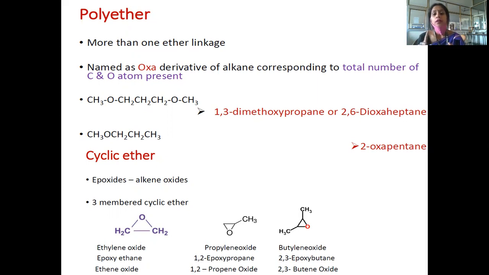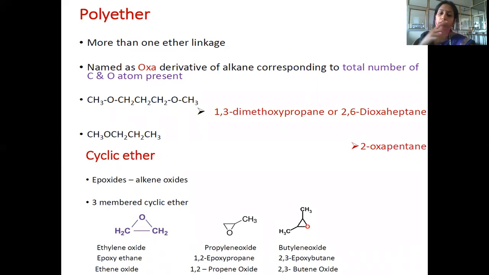We will name it dioxa because two ether functional groups are present. So dioxaheptane. In the next example there are 1, 2, 3, 4 carbon atoms but 1 oxygen atom, so 5. So it will be pentane, 2-oxapentane.